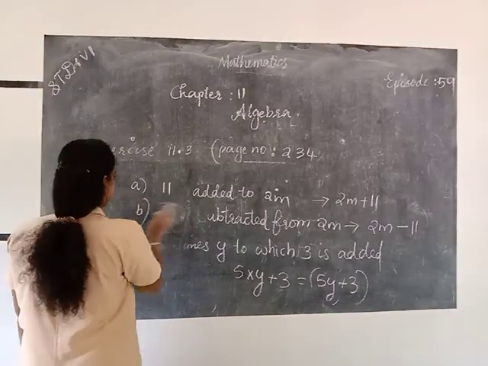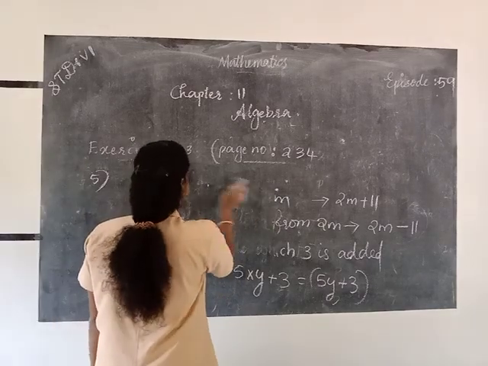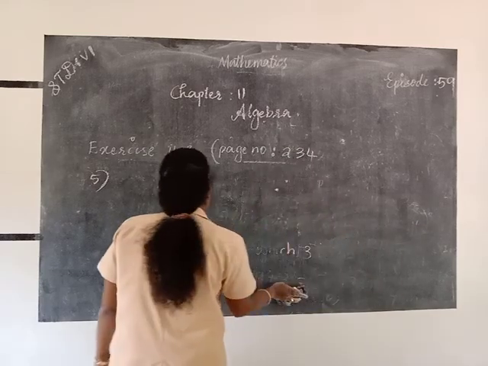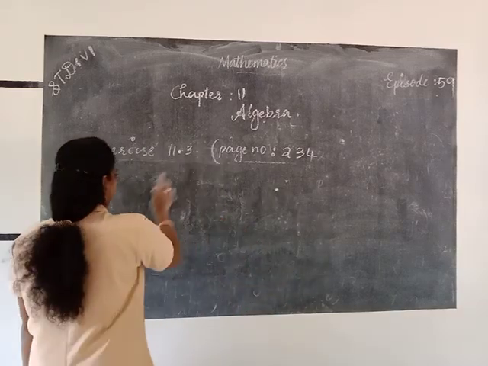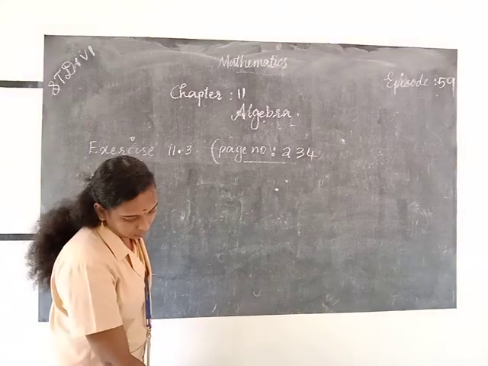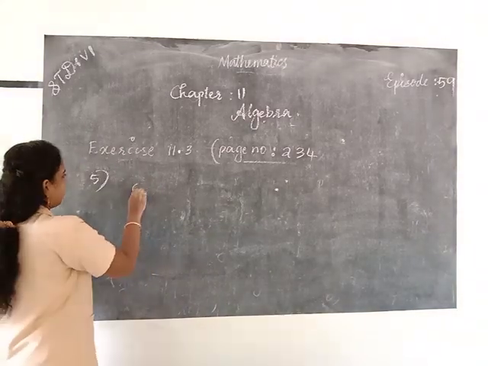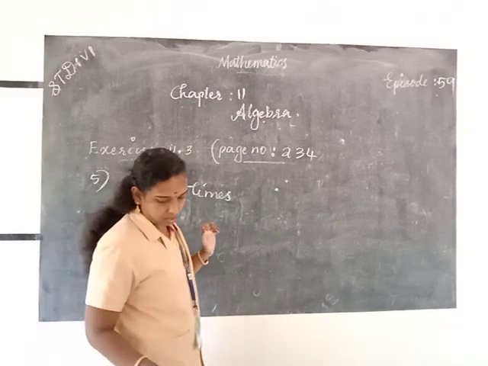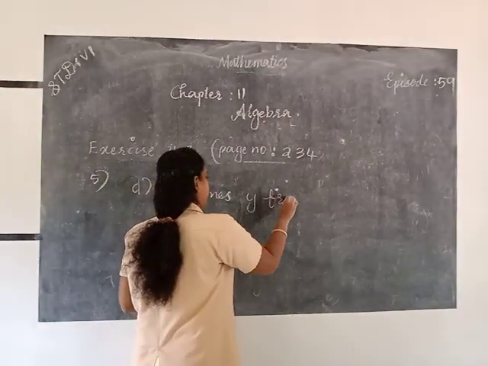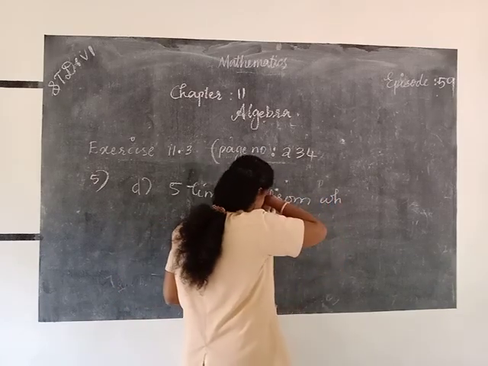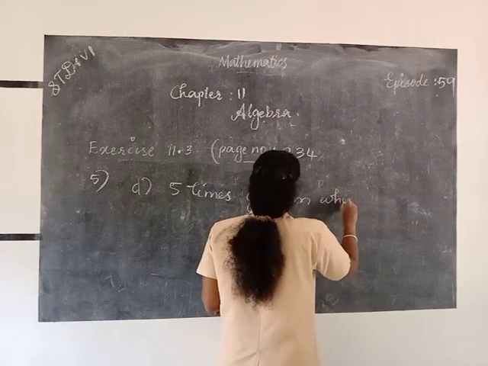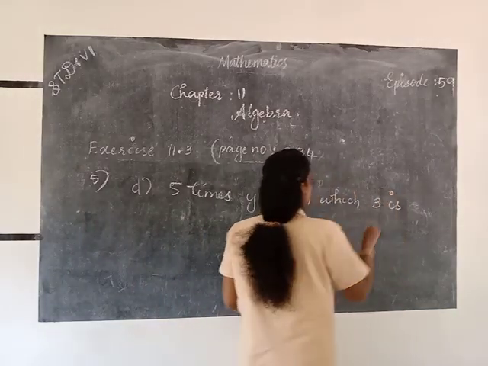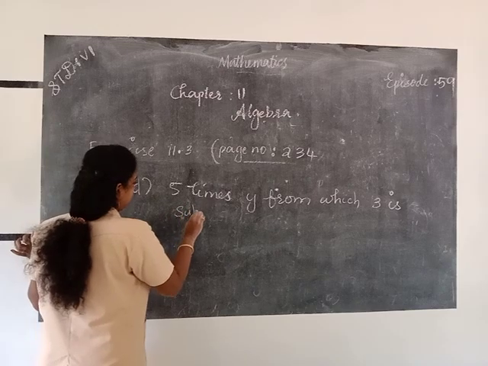Then the next question. Five times y from which 3 is subtracted.